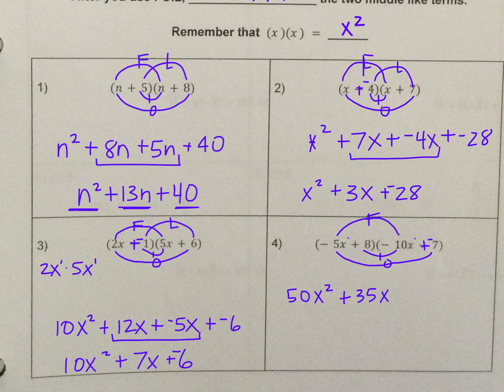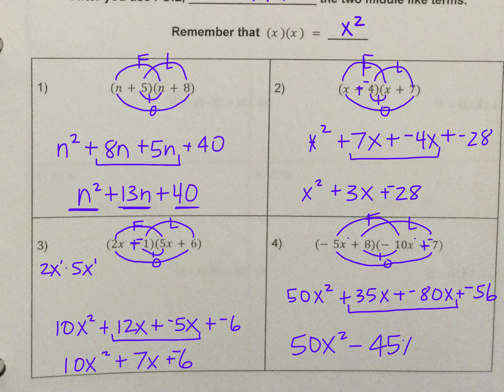Inner, 8 times negative 10 is a negative 80x. And then last, 8 times negative 7 is negative 56. That's old school baby math, these guys. So final answer, 50x squared minus or plus negative 45x minus or plus negative 56.